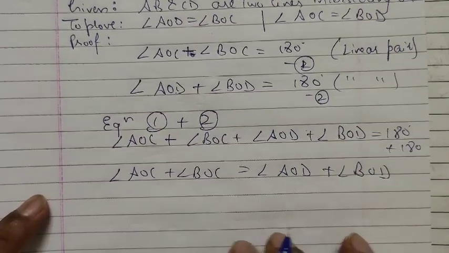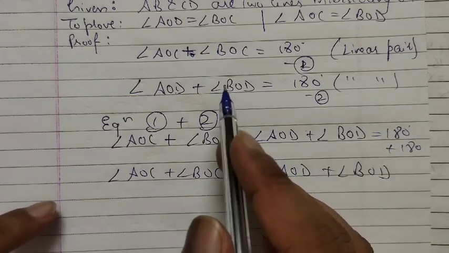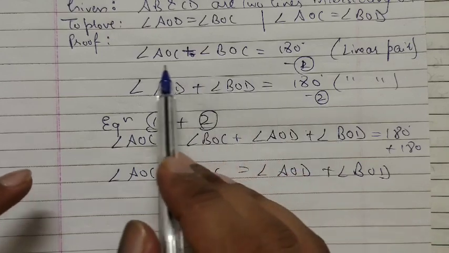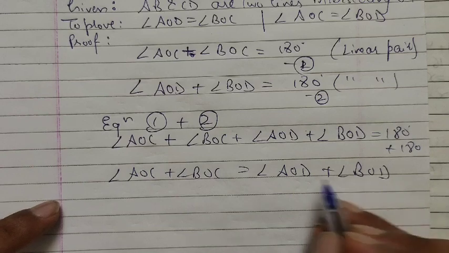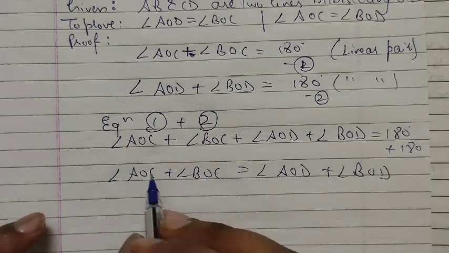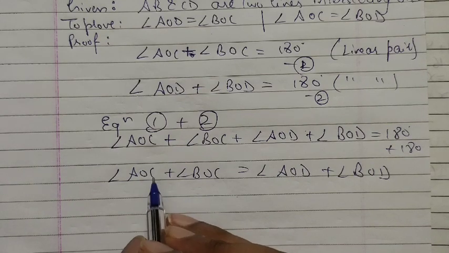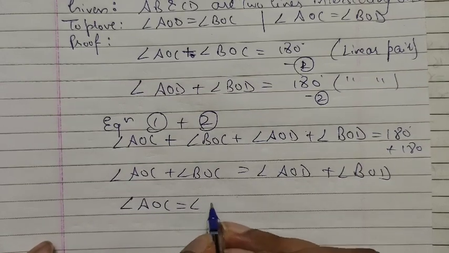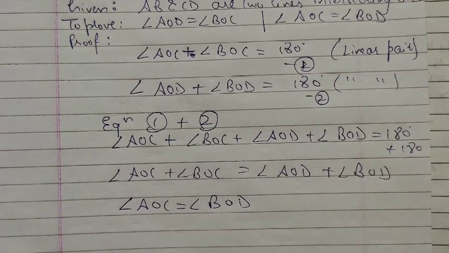Because equation 1 is equal to equation 2, this is equal to 180 and this is also equal to 180, so we have compared. Now if we compare these two equations, that means angle AOC is equal to angle BOD.